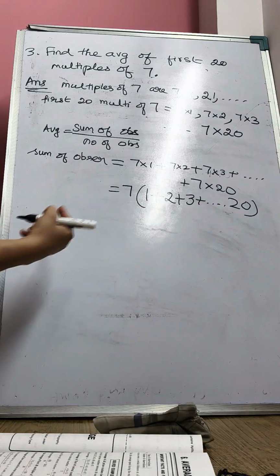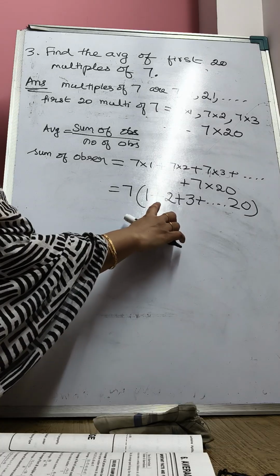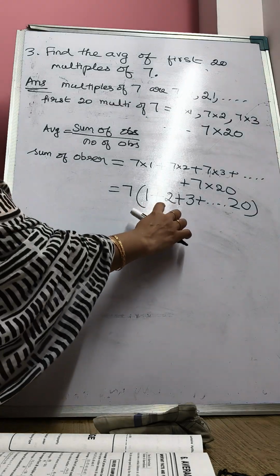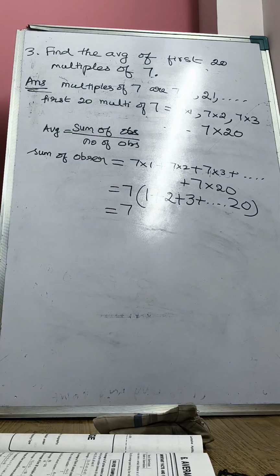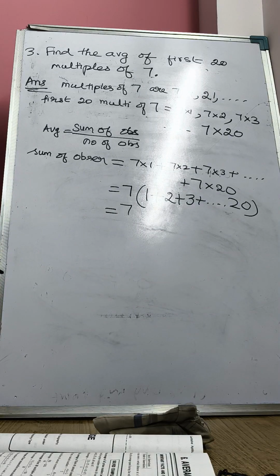Now, in the previous problem only I told you we have no need to sit and add all the numbers separately. There is a formula for adding n natural numbers: n into n plus 1 by 2. So the same formula we can apply here. Let the 7 be as it is. Now how many natural numbers do we have here? 20 natural numbers.